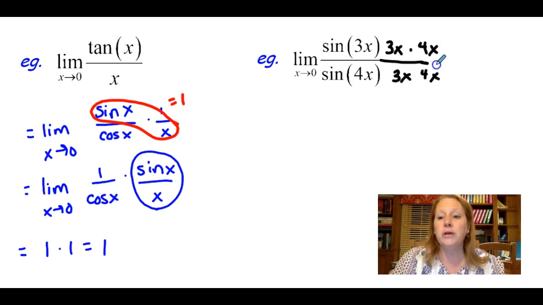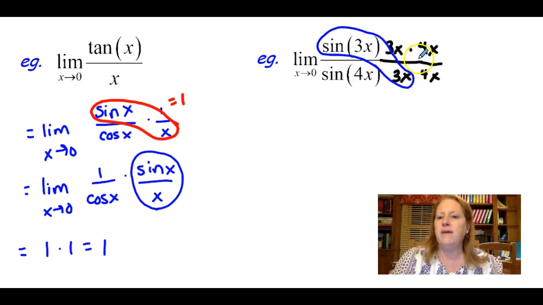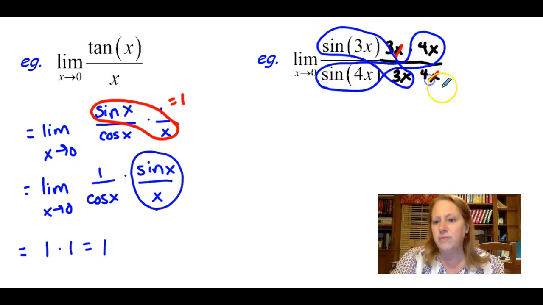I should have mentioned earlier that it doesn't matter if the sine of x over x is in the numerator versus denominator, or if it's x over sine x. Either way, that limit's going to be 1. So I've got the sine of 3x over 3x. That's just 1. And I've got 4x over the sine of 4x. That's also just 1. So I've got a 3x on top and a 4x on the bottom. I hope you all realize that I can cancel the x's.